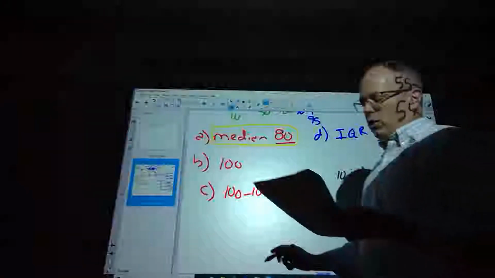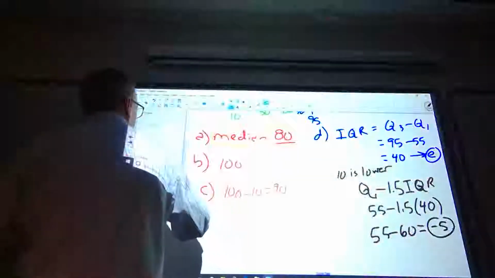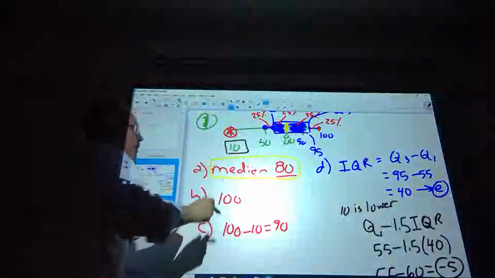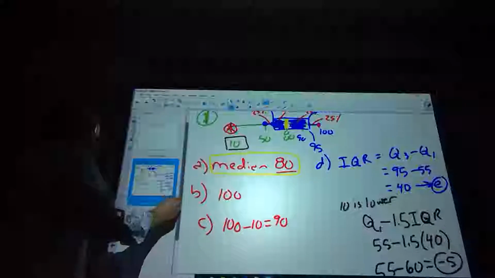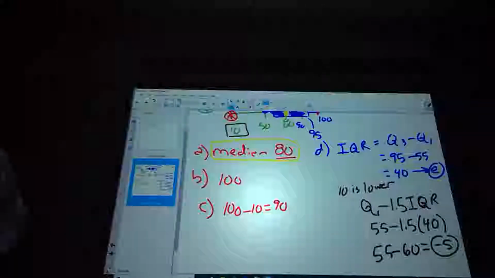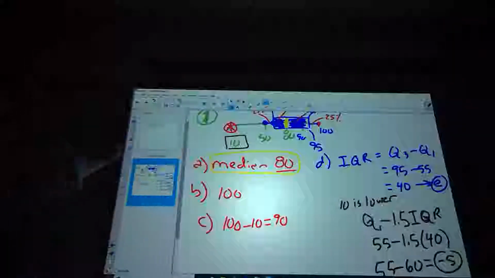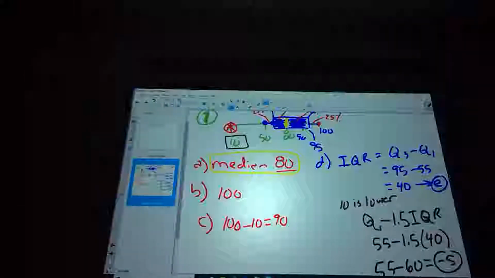Okay? So, question is, is 10 an outlier with our information? Look at our grid. Look at our picture up here. My 10 is my lowest value. Where does negative 5 land in this world?